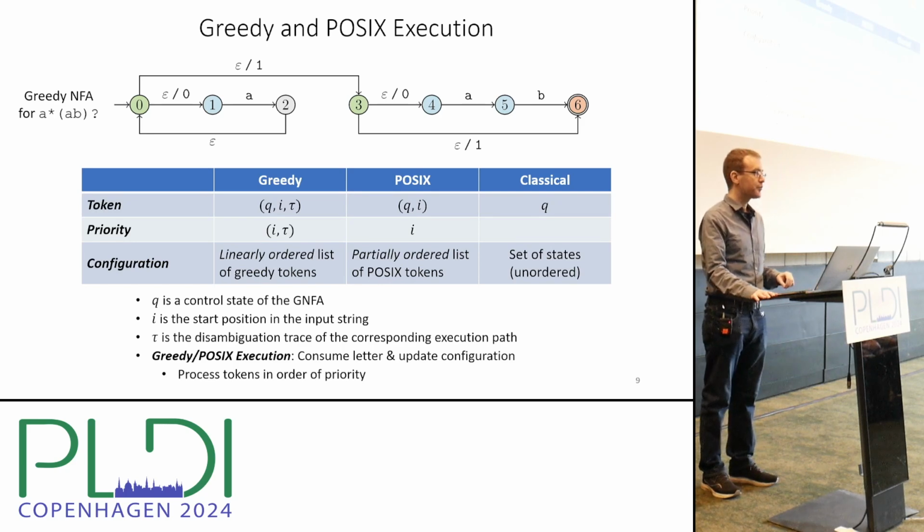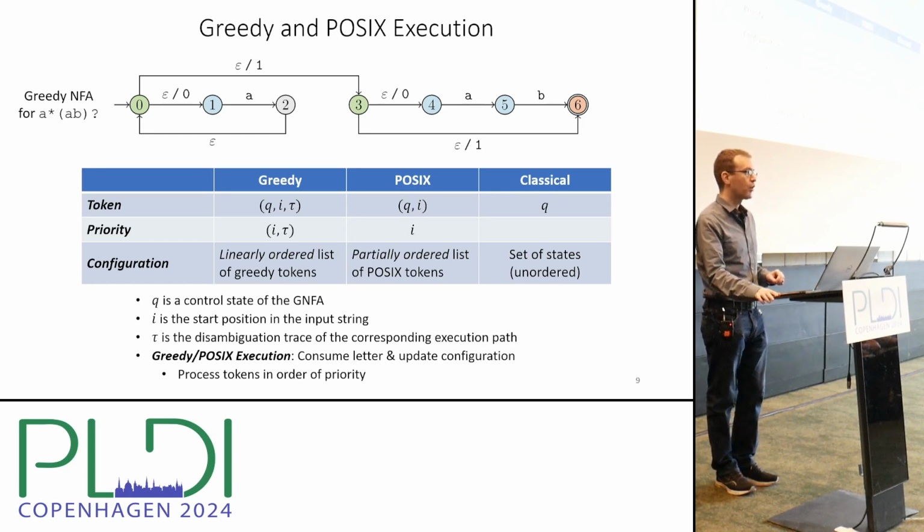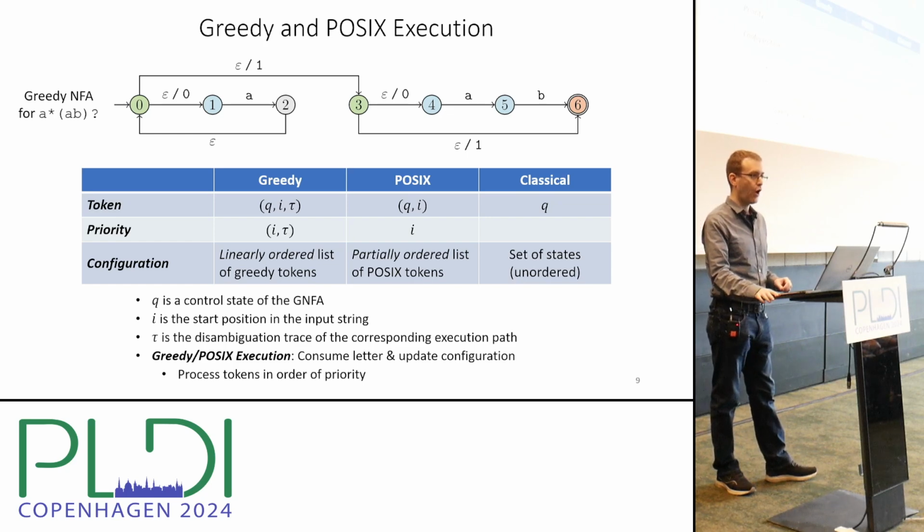To describe GNFA execution, both for the greedy and for the POSIX semantics, I will need three notions: token, priority, and configuration. For greedy execution, a greedy token is a triple Q, I, tau, where Q is a control state of the automaton, I is a start position in the string, and tau is the disambiguation trace of the corresponding execution path.